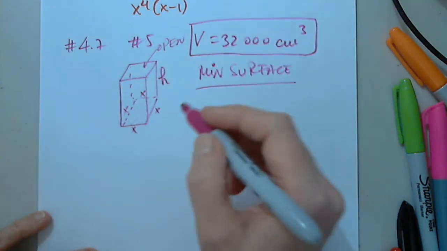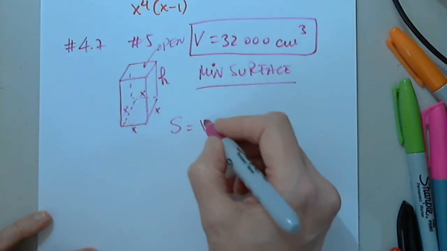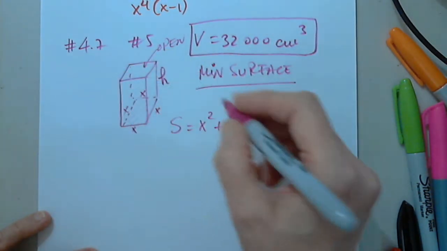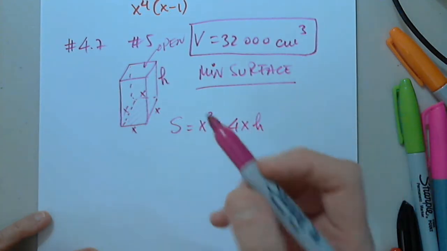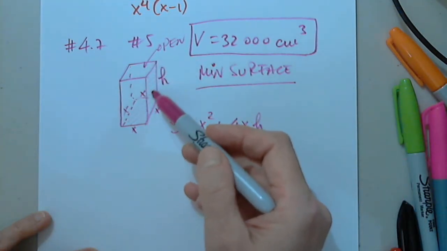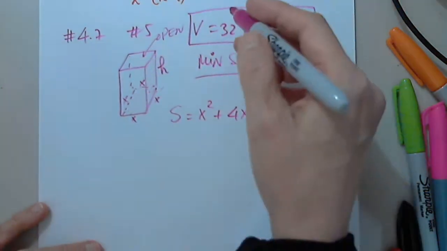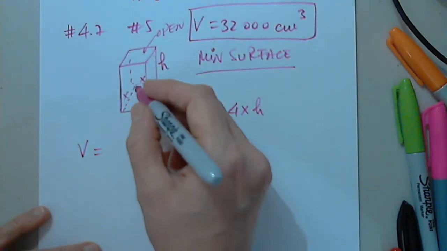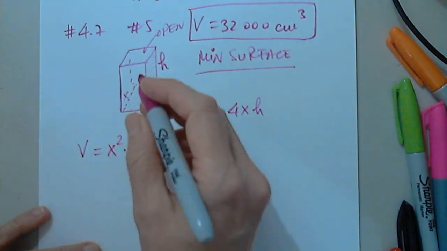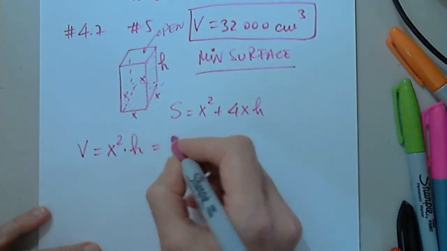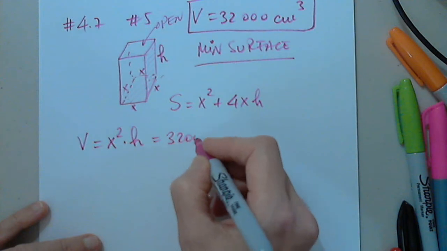So the surface area will be the base, which is x squared, plus 4 identical sides of xh, base times height. So the area here is base times height 4 times. From the volume, we have the area of the base, x squared, times the height, and this we are told equals 32,000.